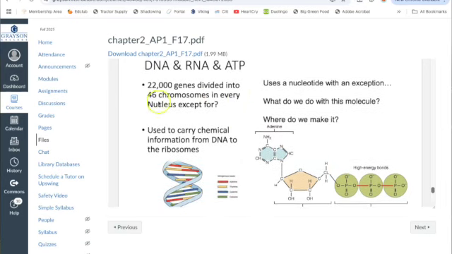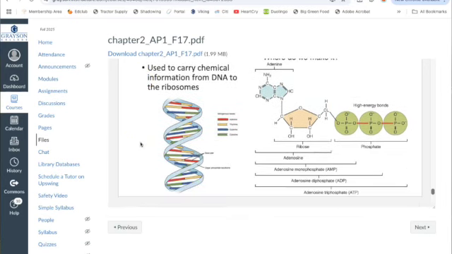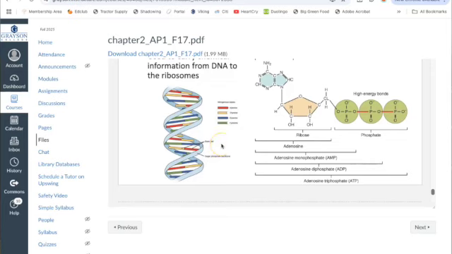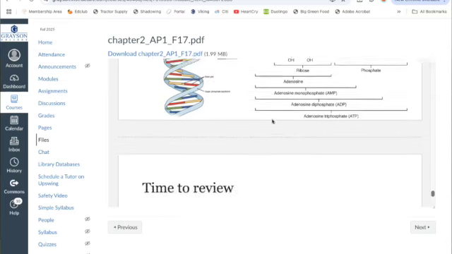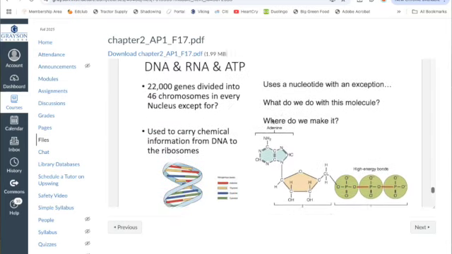So there are 46 chromosomes. We're going to learn about those later. If you look at this color coordinated, A always goes with T, and C always goes with G. This is DNA.